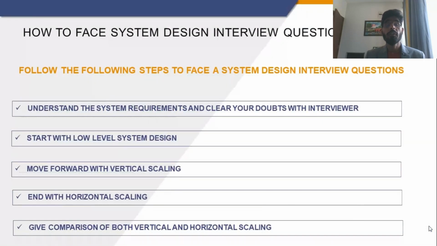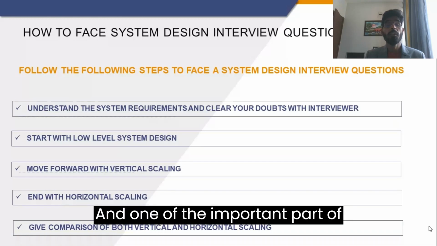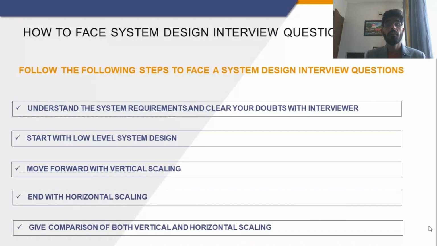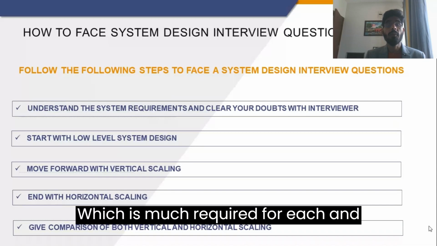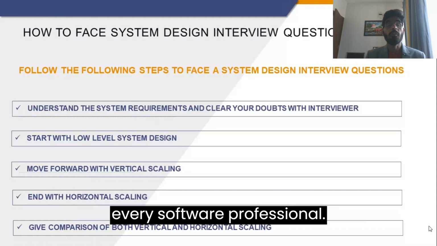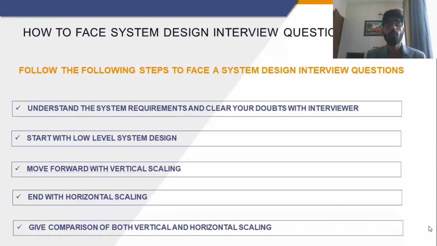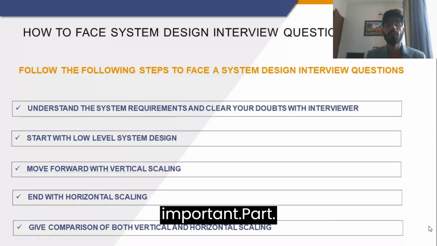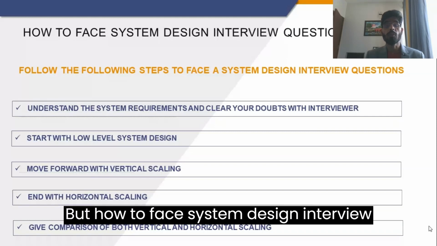The system design concept is vast and one of the important parts of software engineering, and it is much required for each and every software professional. During interviews, system design is one of the important parts. But how to face system design interview questions?